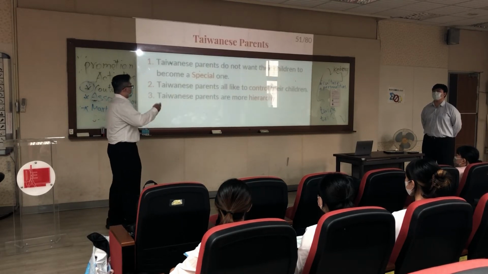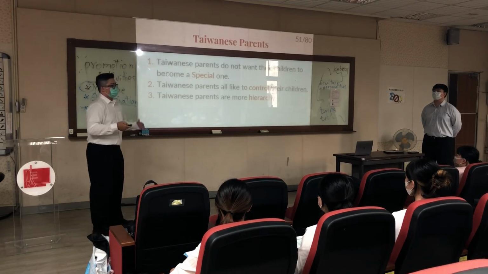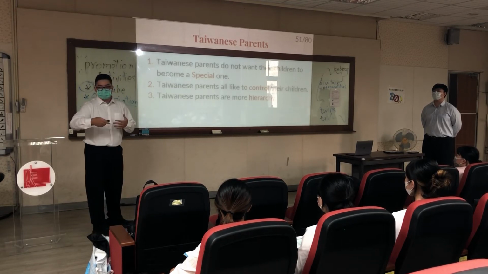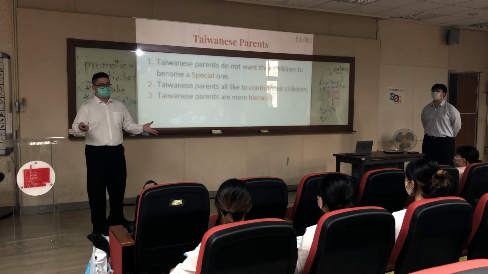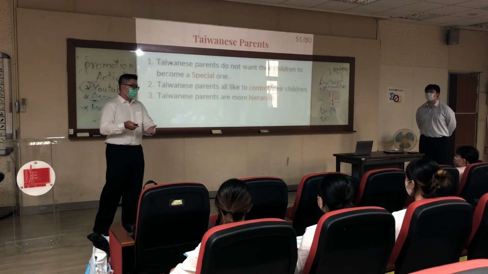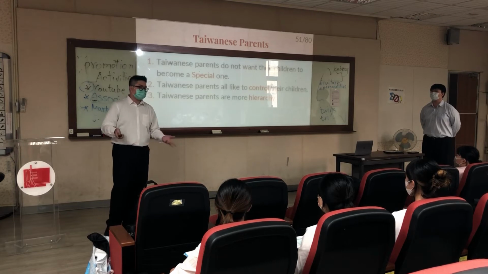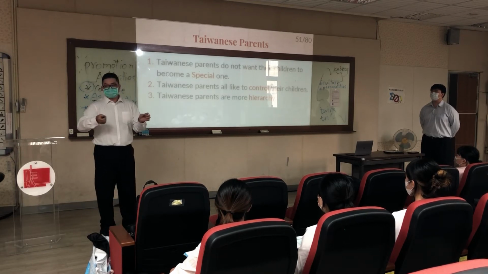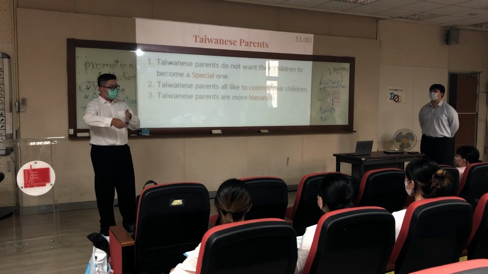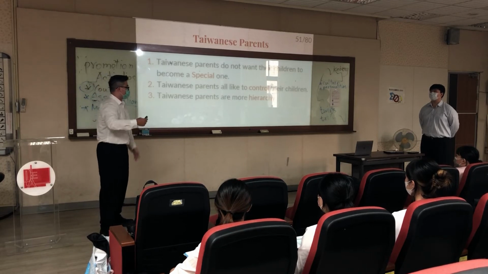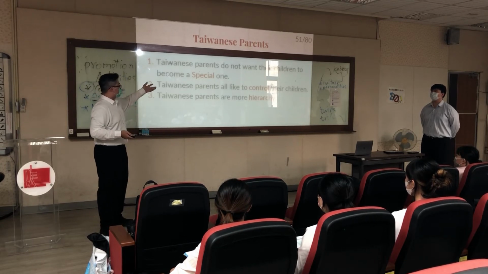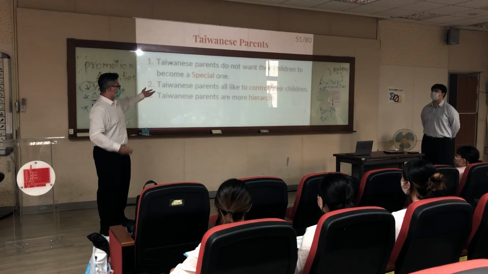Taiwanese parents, in a high context culture, want to maintain a good relationship with their children for a very long period of time. I believe, like most of you, you have a great relationship with your family, with your parents, because they want a very long, good relationship. So Taiwanese parents do not want their children to become a special one.